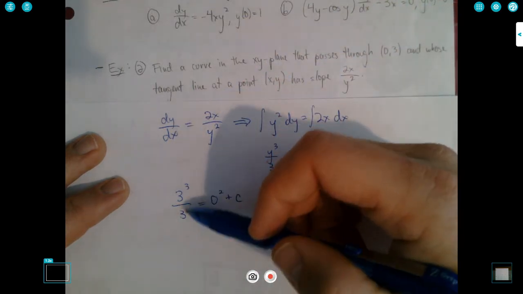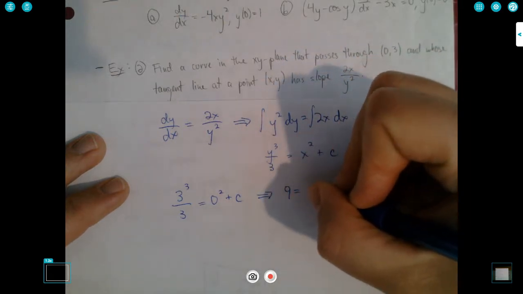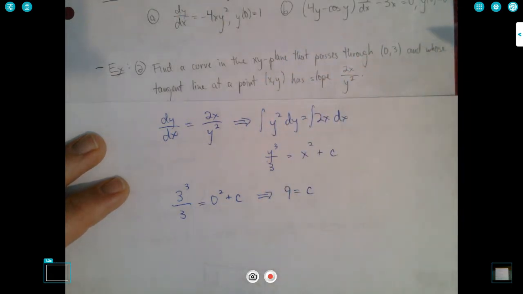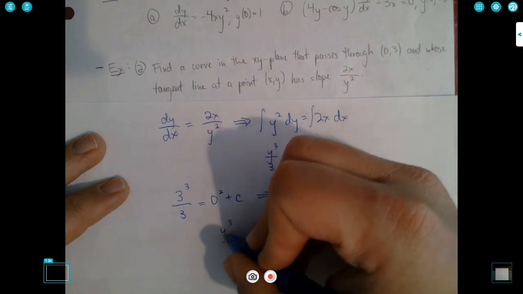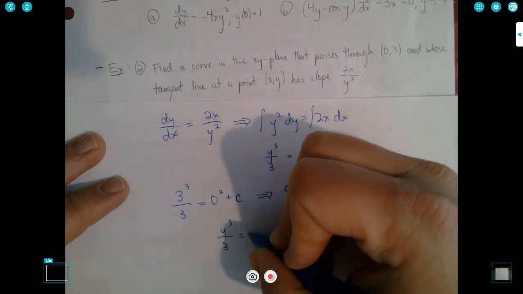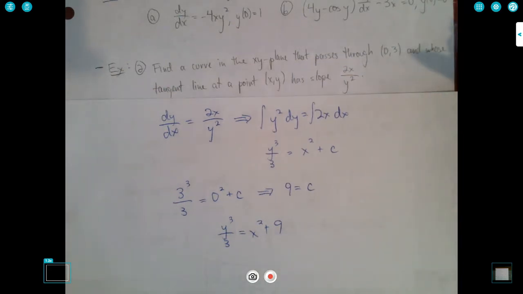Well, 3 cubed divided by 3 is 3 squared, which is 9. So we get 9 equals c. And that means y cubed over 3 equals x squared plus 9 is the curve that we're looking for.